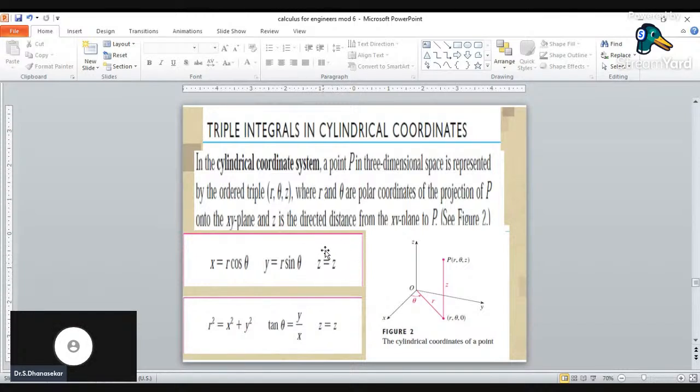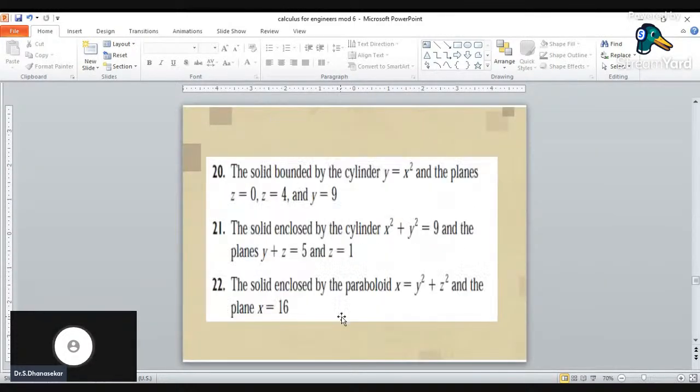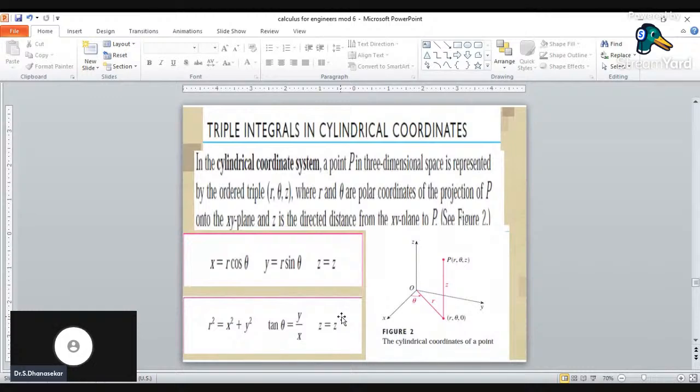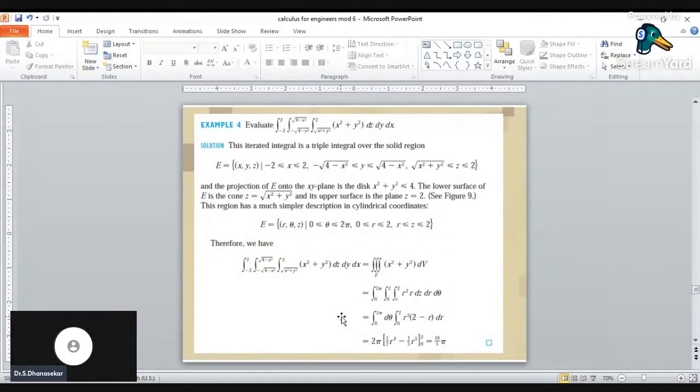When I change a triple integral into cylindrical coordinates, then instead of dV, I have to apply r dz dr d theta. That is the key we have to remember here.